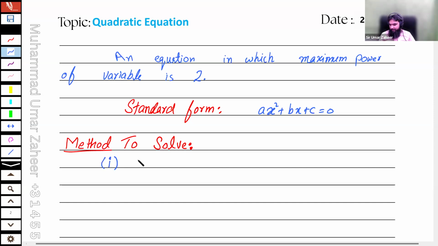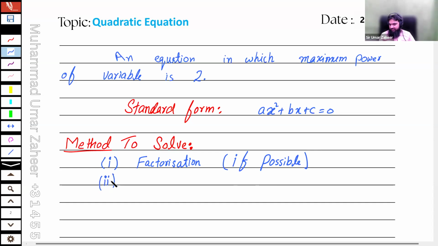The first one is factorization, also known as middle term breaking, if possible, because not all quadratic equations can be factorized. So if factorization is possible, you can solve a quadratic equation by the factorization method.